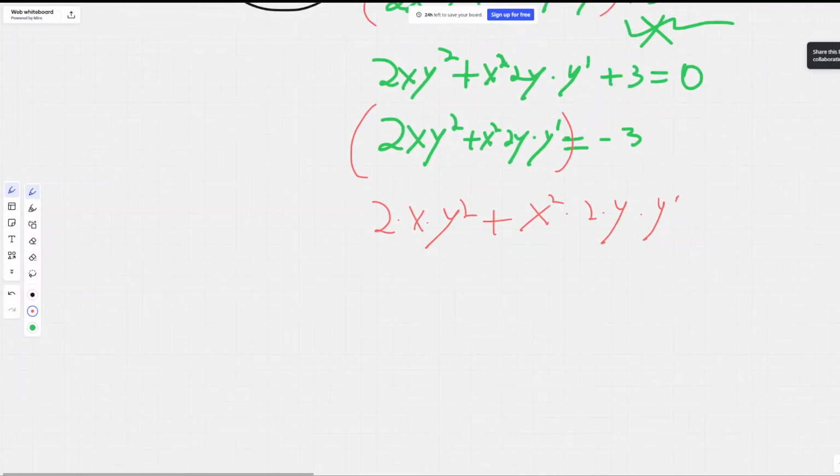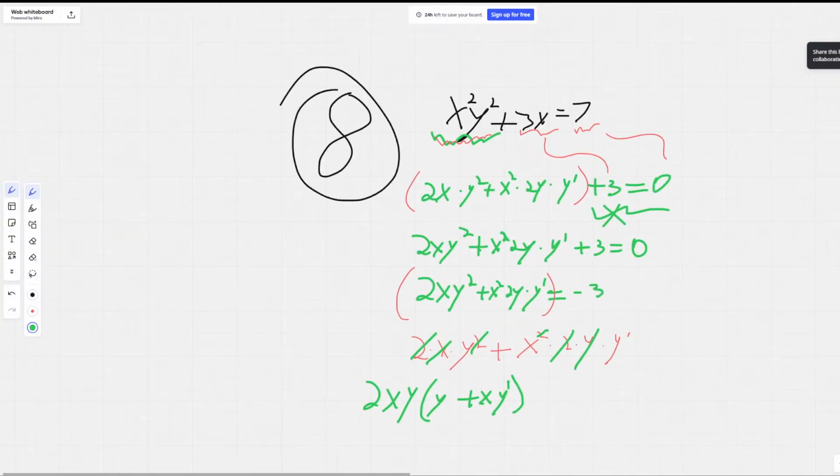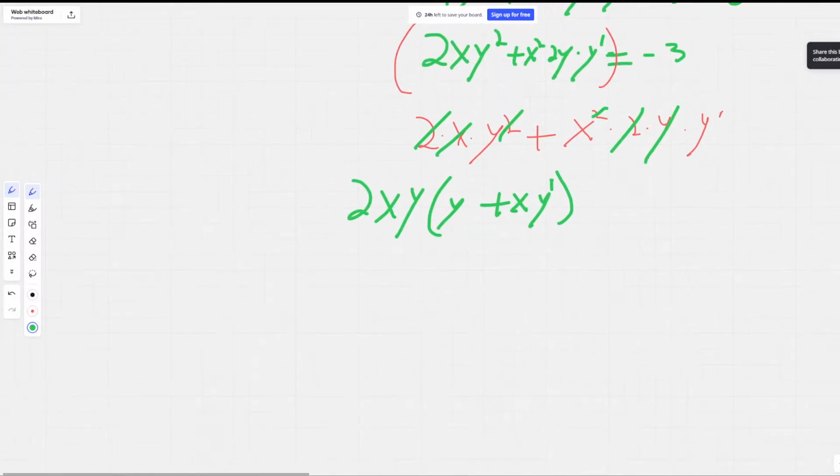So, take out a 2. Take out an x. Take out a y. Which leaves y plus x y prime. At least that's how it looks to me.